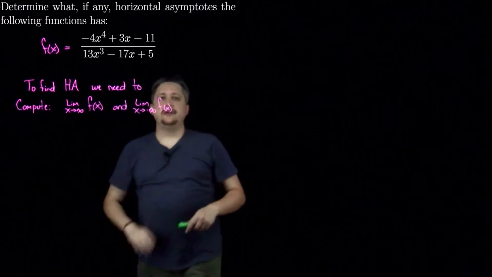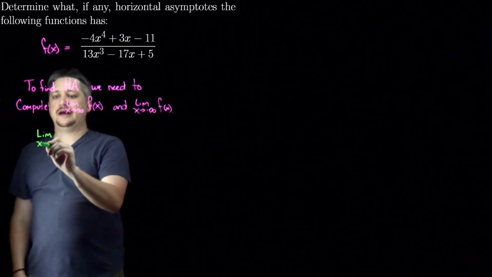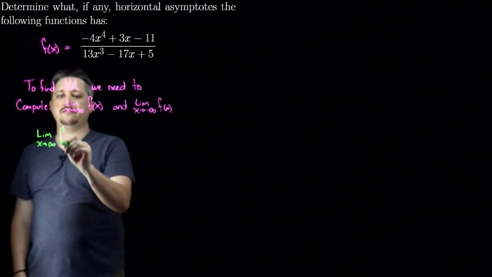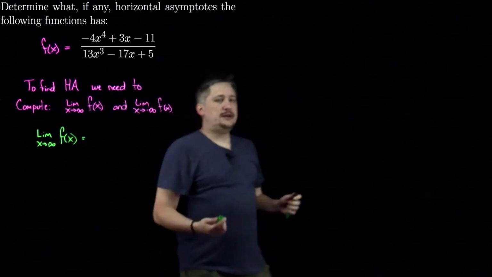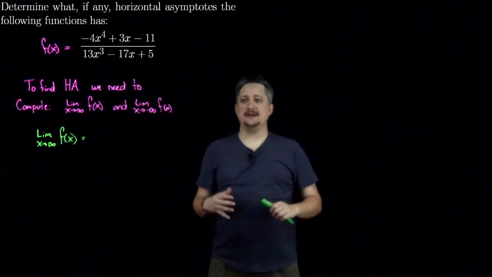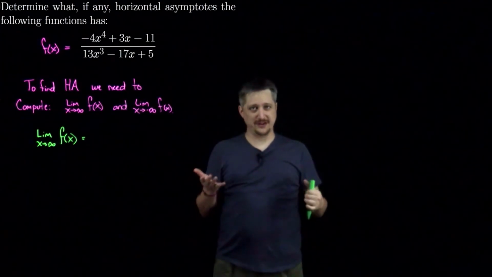Nonetheless, we're going to start with the limit as x goes to infinity of f of x. If we try that, we can't plug in infinity, because infinity is not a number.